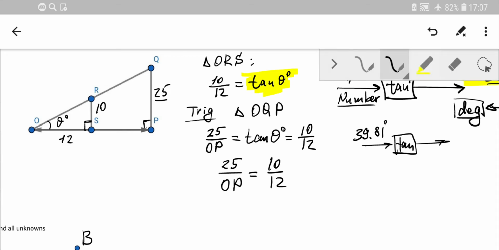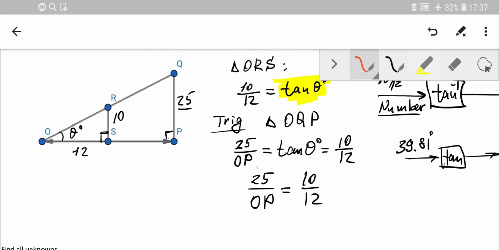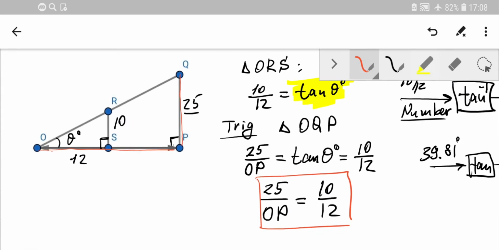Which is simply crisscross. But I want to tell you one little thing about similar triangles, because other students might go through similar triangles. Let's compare how it works here. All right, let's see the ratio that we have. We have 25 to OP. So actually in the big triangle, 25 to the whole OP. So they mark as red sides.